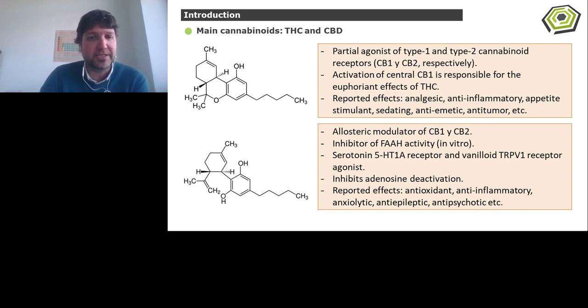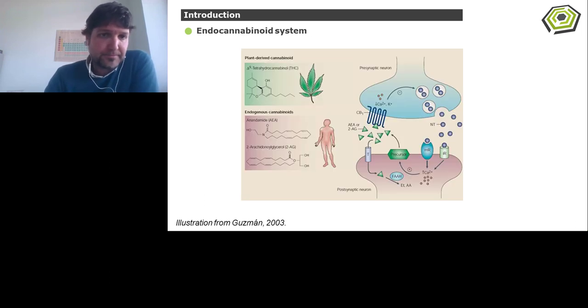So here we can see the reported effects for CBD, the best known being as an anticonvulsive agent, recently approved by the FDA in the presentation of Epidiolex for Dravet syndrome and Lennox-Gastaut pediatric epilepsy. Basically, the targets of THC are the endocannabinoids, which are naturally occurring molecules in our body and our brains.